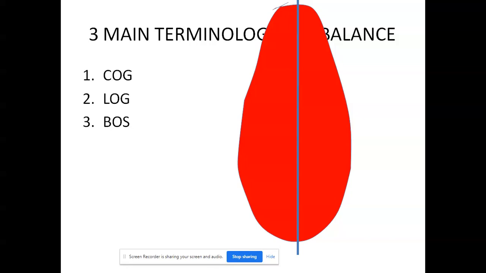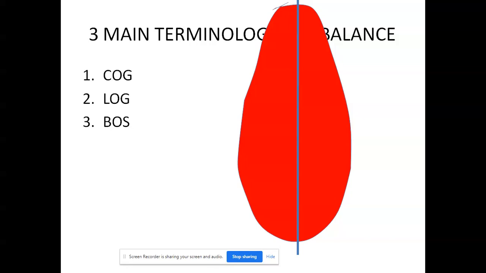The biomechanics book by Cynthia Norkin says that if the body's height is too much, that is, if the COG, the center of gravity, is far away from the BOS, the body is termed to be unstable. Whereas when the COG is closer to the base of support, the body is more stable compared to the previous example.